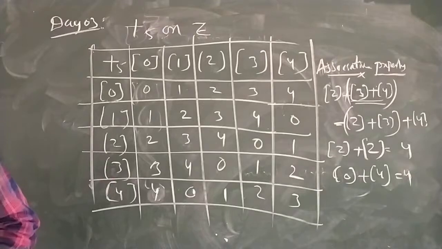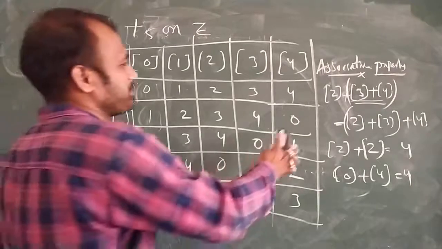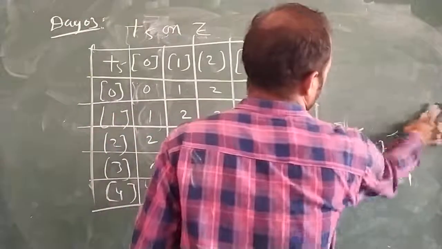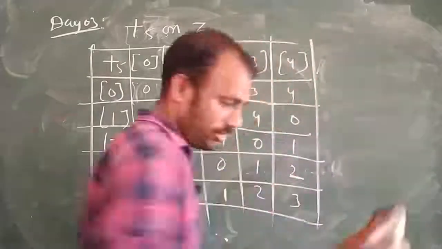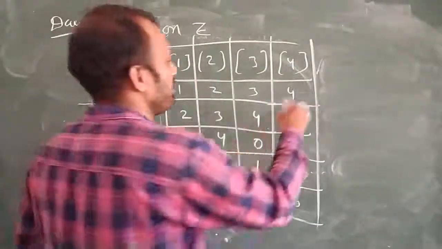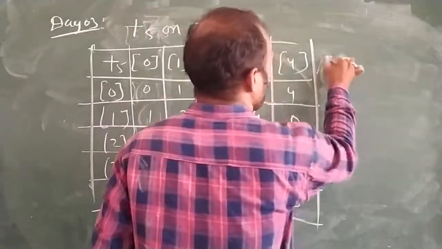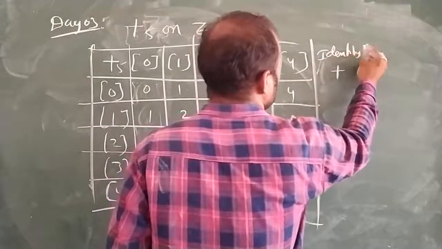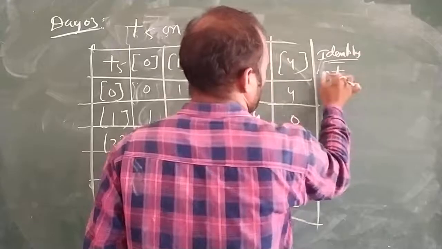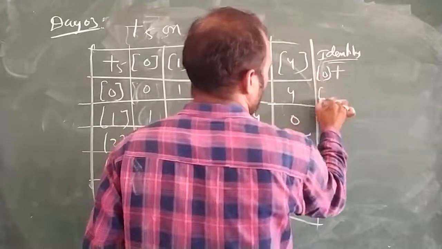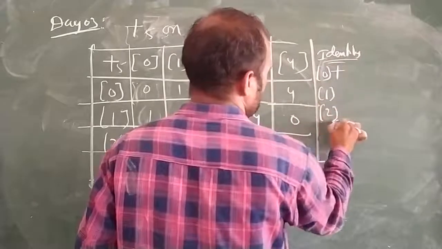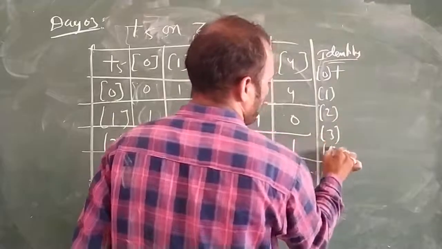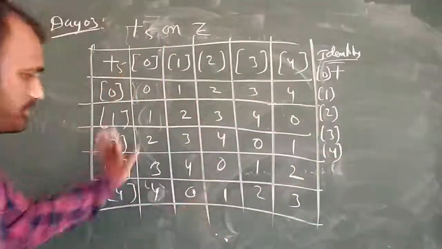Next let us check the identity property. What is the meaning of identity property here? Whatever value we are giving, the same value we have to get. For example, if I am giving 0, 1, 2, 3 or 4, up to 4 only we have numbers here.